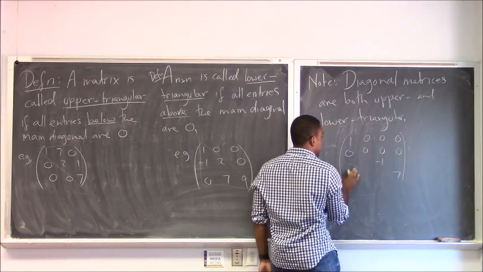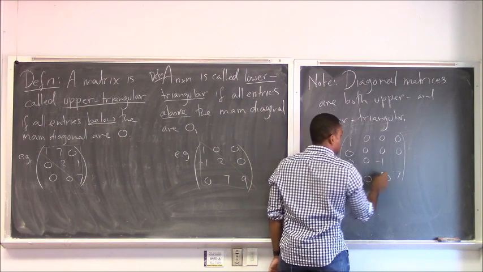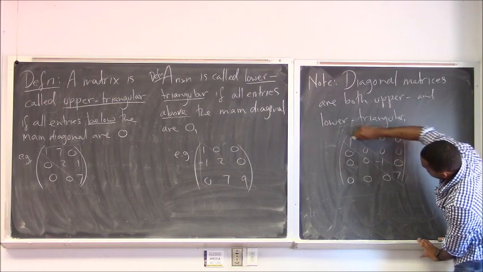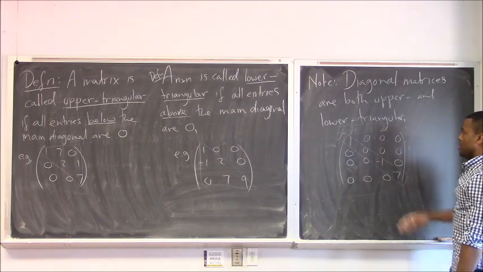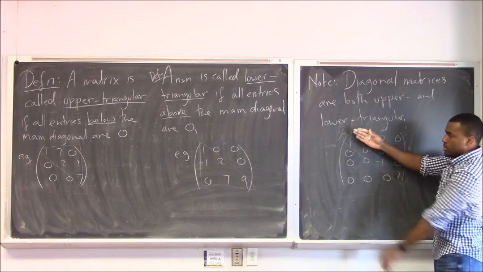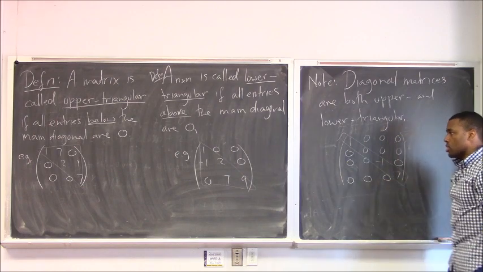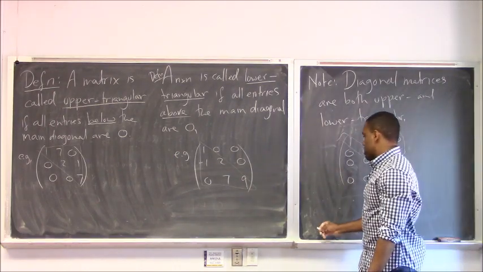Here all our non-zero numbers are showing up here, and there are zeros everywhere else. So you can think of it as upper triangular because all the entries below the main diagonal are zeros, or you can think of it as lower triangular because all entries above the main diagonal are zero.